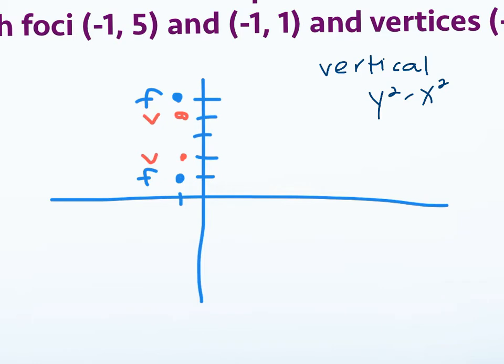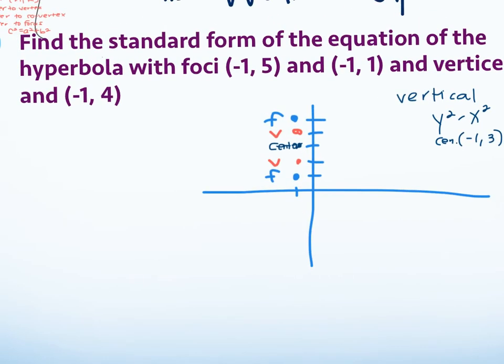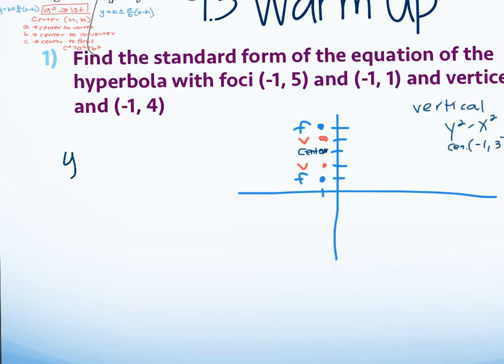Center would be halfway between the vertices or halfway between the foci. It doesn't matter which one you use. Either way, that's negative 1, 3. So already I've got y minus 3 squared minus x plus 1 squared equals 1. I already have half my equation.